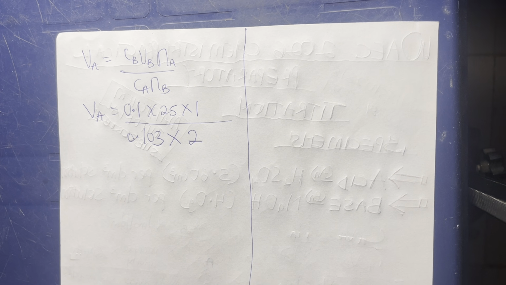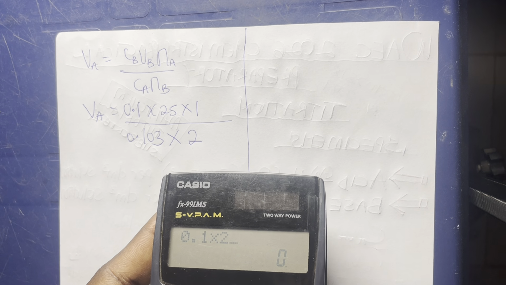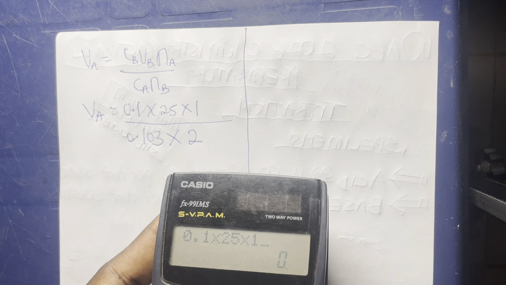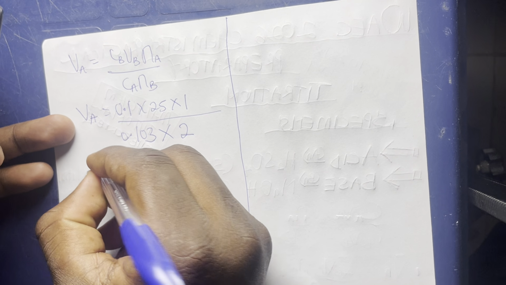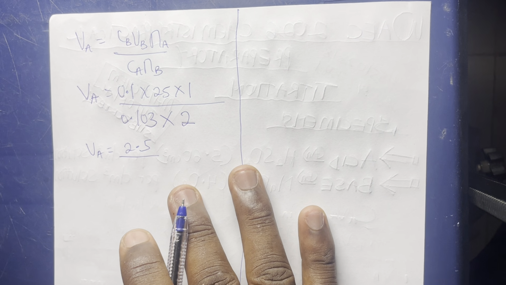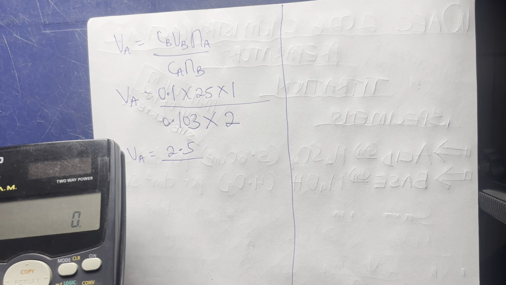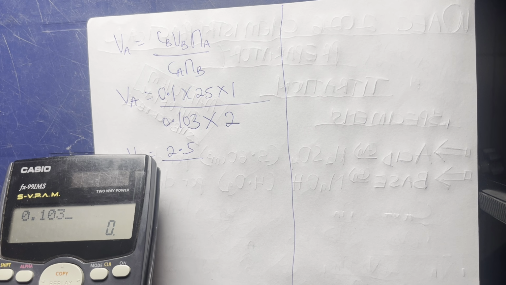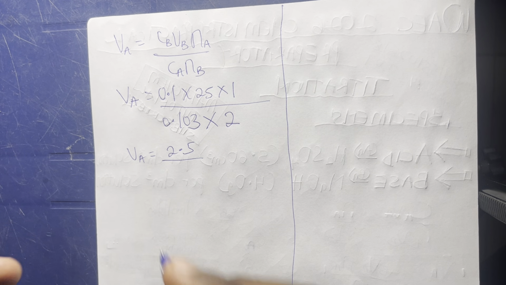Let's do the mathematics. 0.1 multiplied by 25 times 1 is going to be 2.5. So Va equals 2.5 all over 0.103 multiplied by 2, and that is 0.206.